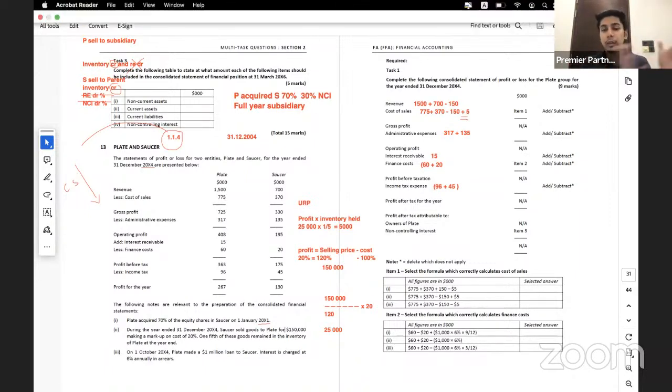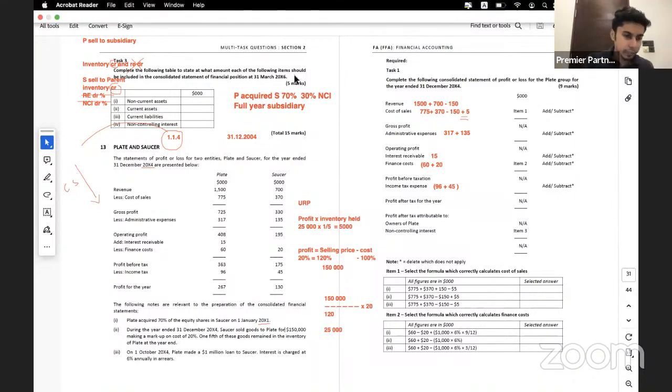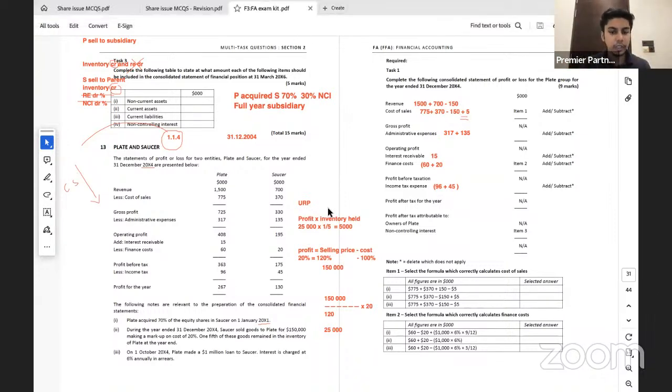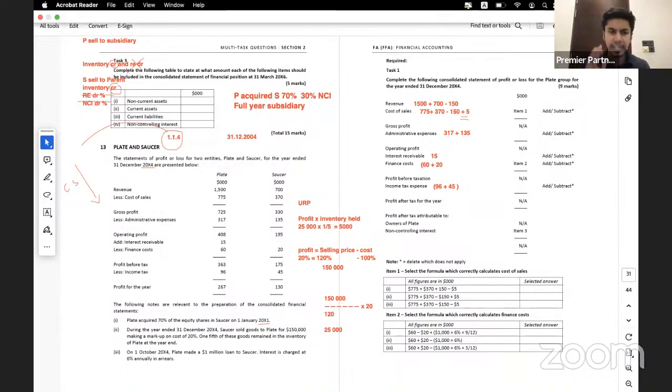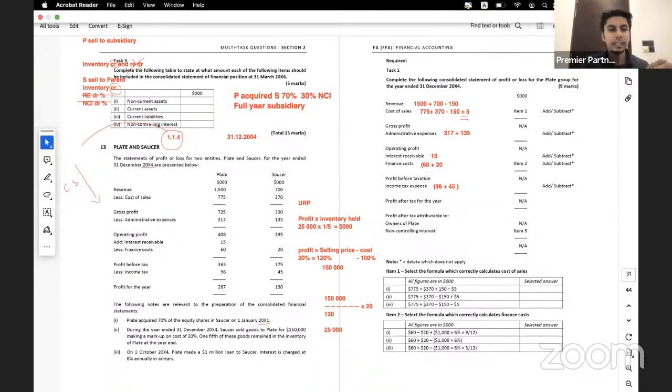Okay, but just understand these things. Coming back to everything I have said so far, listen once again. Once you get your URP, doesn't matter if the parent is selling, doesn't matter if subsidiary is selling. Once you get your URP, please go and add to cost of sale. Why are we adding to cost of sale? Because look at the double entry. In the double entry, the debit part is not relevant because that impacts the SOFP.